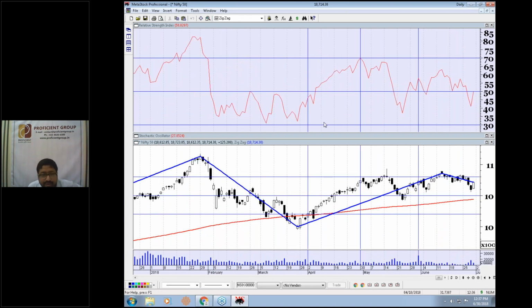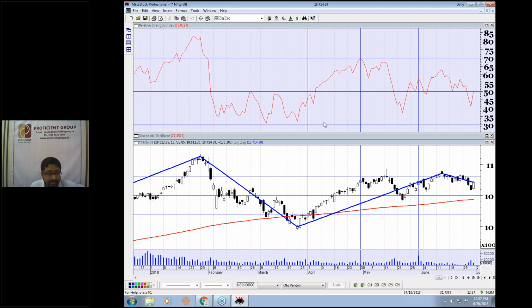So RSI going above 70 is actually a signal of strength. It is not a signal of being overbought. RSI going below 30 is actually the beginning of a new downtrend. It is not a signal as oversold, right? So be very careful about that.